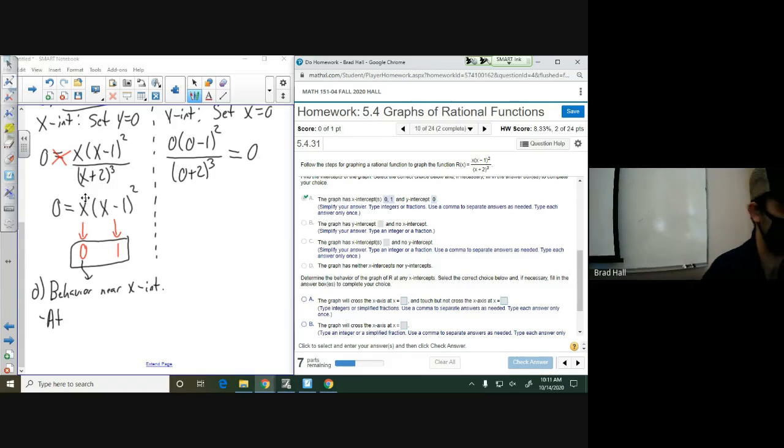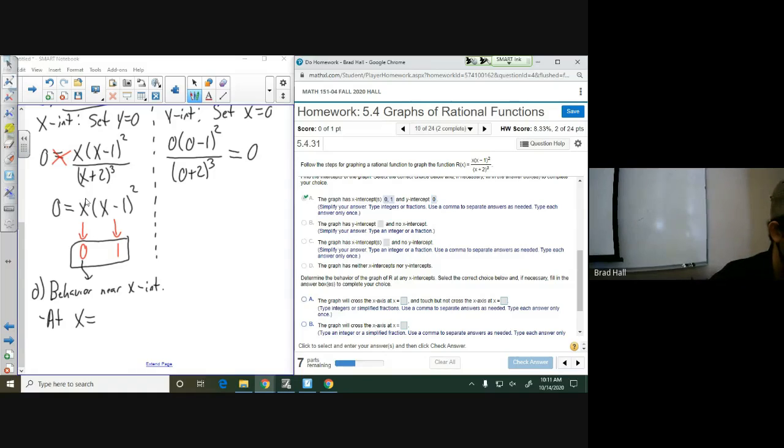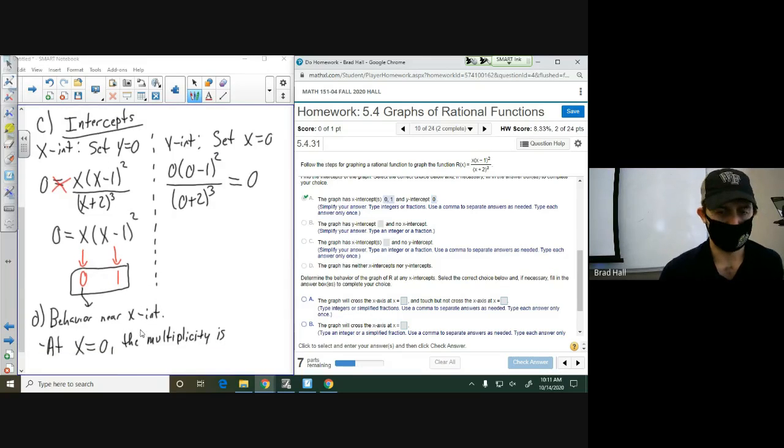So the thought process for the behavior near the x-intercept at x is equal to 0: we need to determine the multiplicity. Which factor did 0 come from is the question. 0 came from the singular x, just that solo x on the outside.